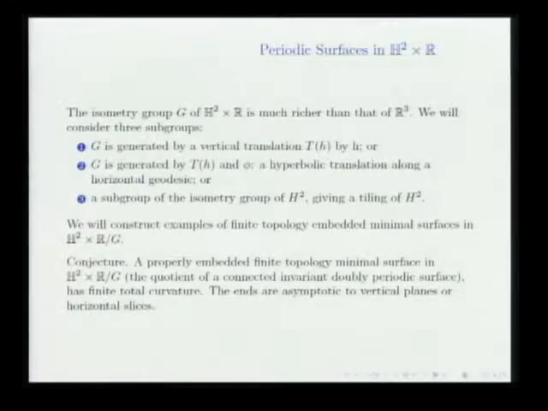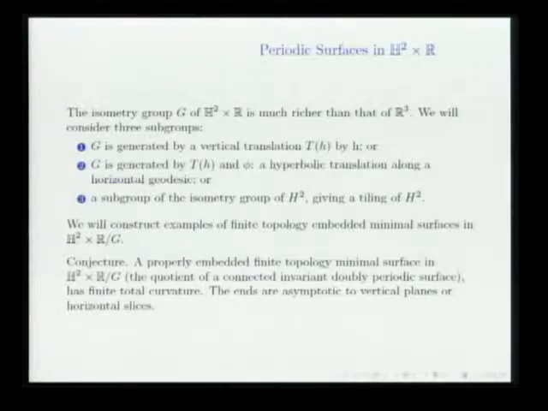It's just the beginning. So the isometry group of H2 cross R is much bigger than that of R3. And we're going to look today at essentially a few groups. We'll look at the group generated by a vertical translation along the t direction by H. That'll give singly periodic surfaces. We'll look at the group generated by T of H and phi, where phi is a translation in the hyperbolic plane along a geodesic.